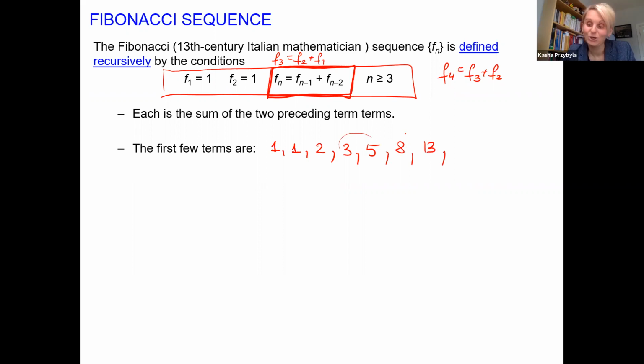Good, thank you. 8 plus 13 is 21. And the last one maybe, because we can go forever: 34, thank you.